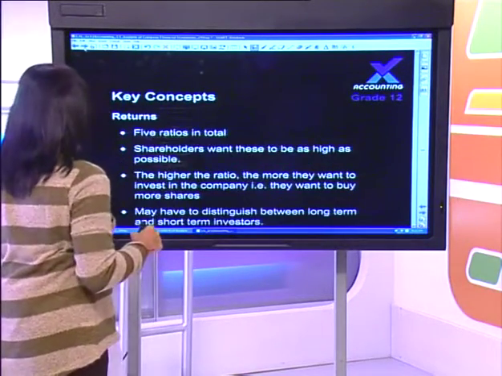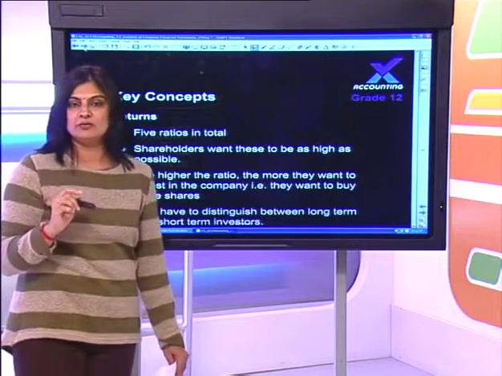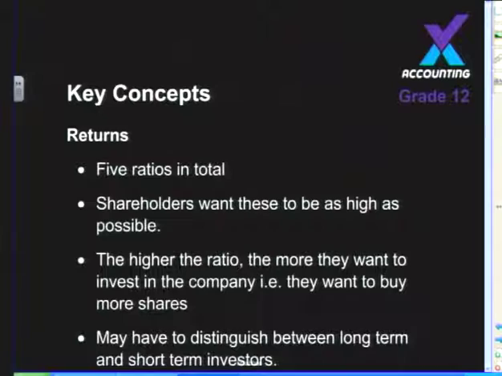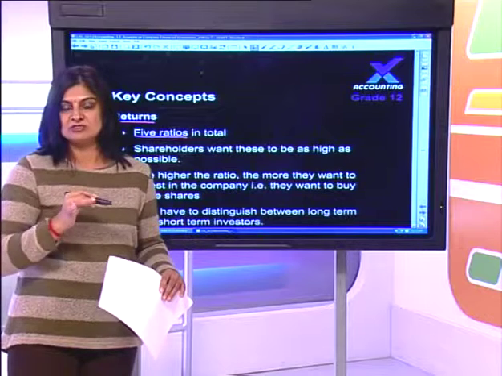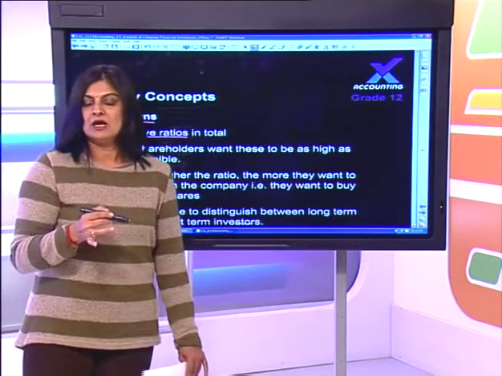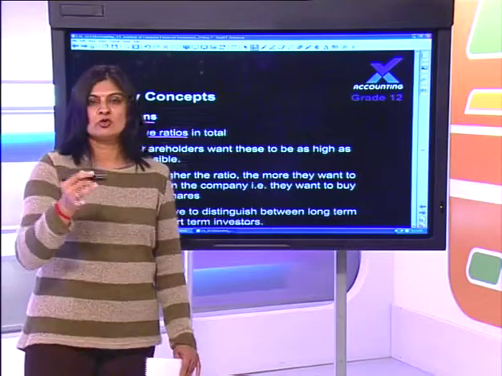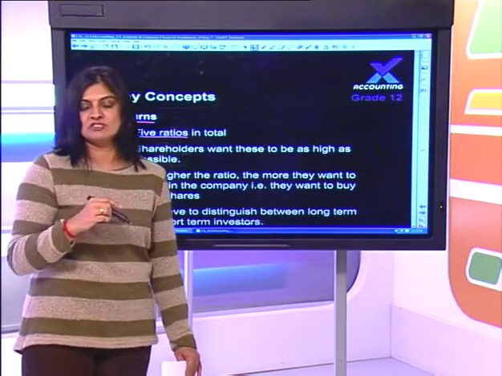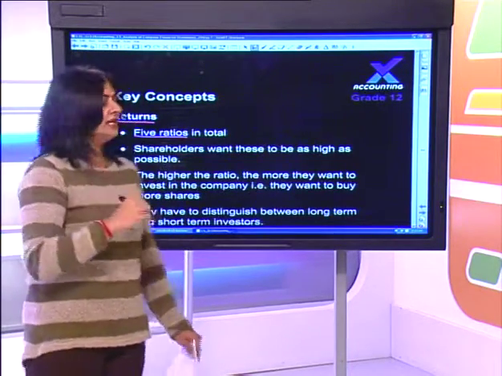Let's look at the next category, guys. Very, very important, the category of returns. Here we're looking at 5 ratios in total. Remember, when we talk about returns, returns affect your shareholders. Shareholders are your investors in the company. It also impacts your potential shareholders, people who want to invest in your company.